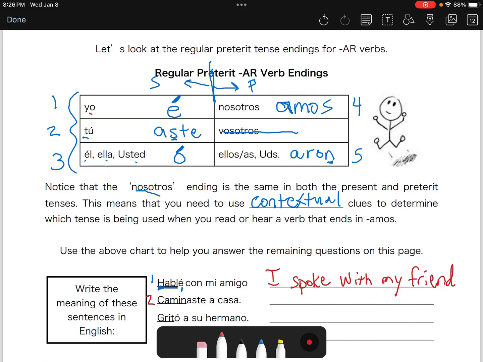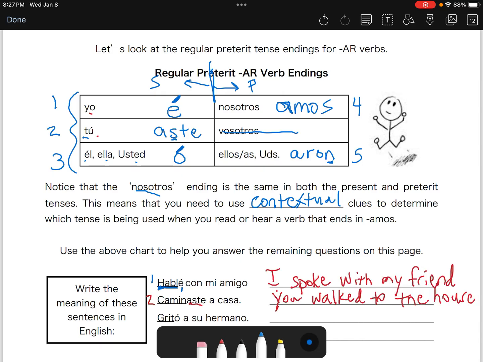So who's walking a casa, to the house? Aste. So see up here, aste in your charting is 2. So this is you walked to the house. You informal. You walked to the house.